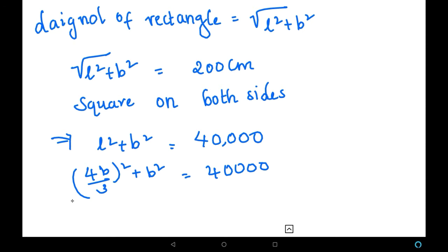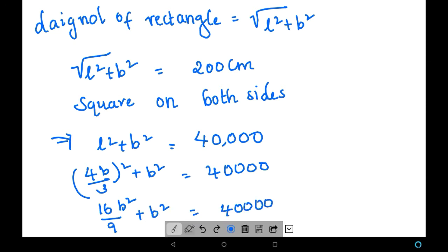Now we get 16B square by 9 plus B square is equal to 40,000. Let us simplify.